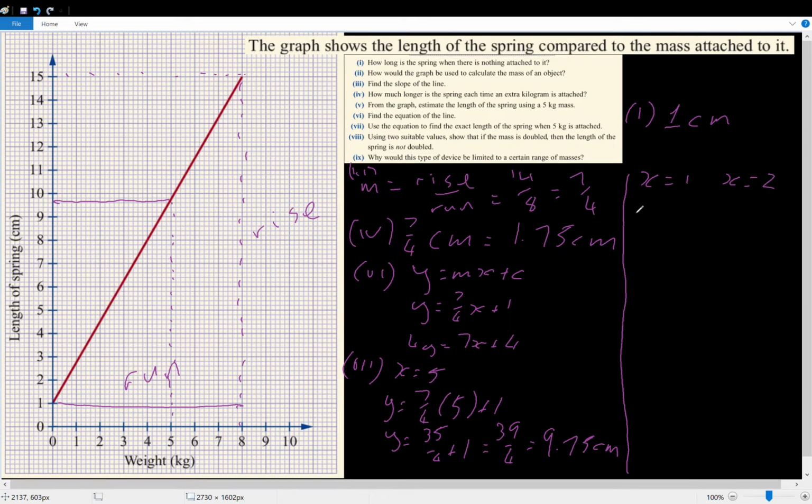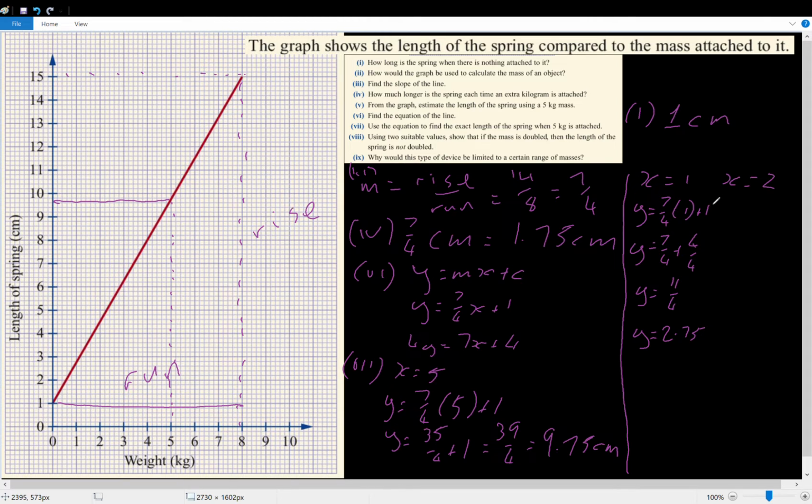less convenient. So if we take x equals 1 and we substitute into our equation, we get y equals 7/4 times 1 plus 1, which means y is equal to 7/4 plus 4/4. So y is equal to 11/4. Or if you simplify that, that's y is equal to 2.75.